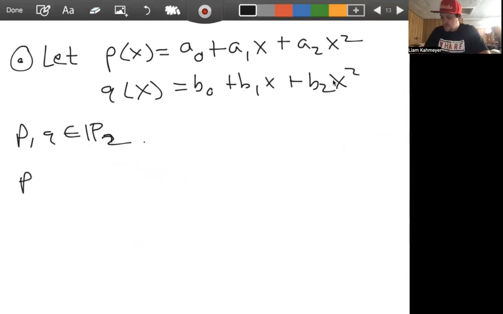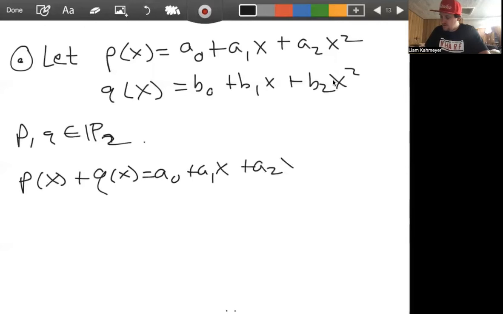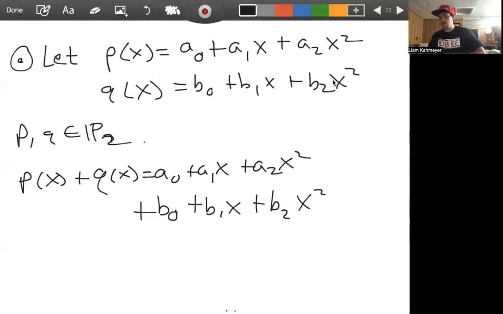Well, let's find out. First, we take p(x) plus q(x), and that is a0 plus a1x plus a2x squared, and then plus b0 plus b1x plus b2x squared, right? And now we know how the addition of polynomials behaves.